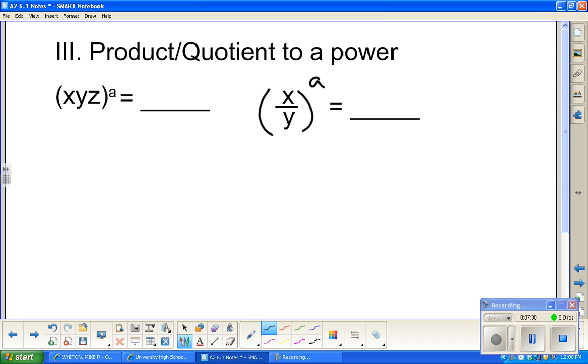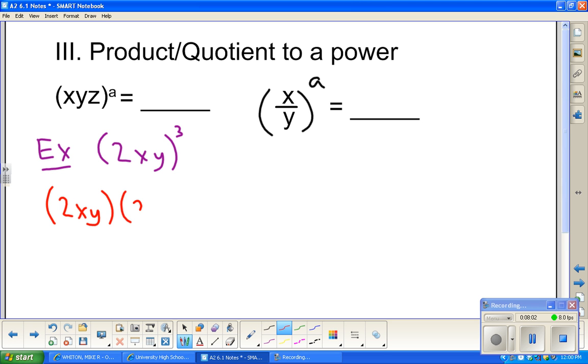Okay, so let's put a small one up here. How would we simplify that? Can we expand it, write it times itself 3 times? This is kind of the long way, so if you got the answer quicker, that's good, but let's say we forgot the rule and we expanded it out. What ended up happening?